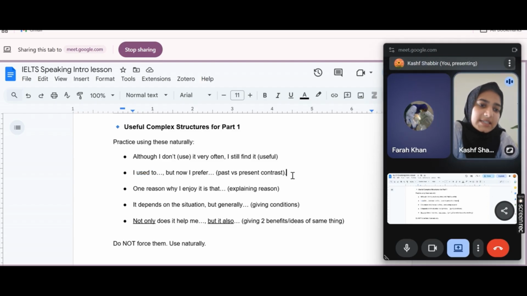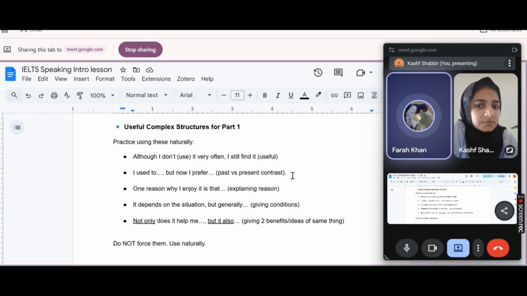So let's say I'm asking, okay Farah, do you like cold drinks? I used to drink a lot of cold drinks, but now I prefer not to have these because of certain health issues related to consuming excessive cold drinks.